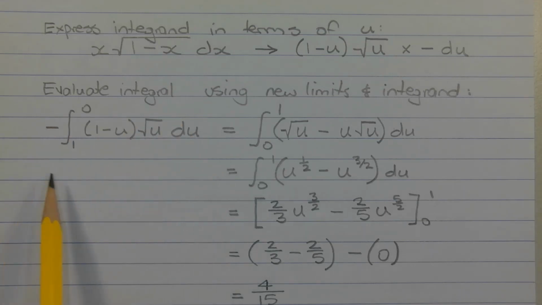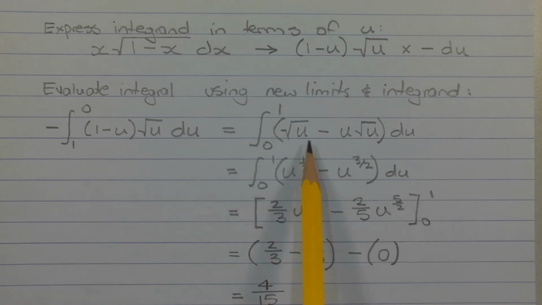So this integral can be written as the integral of the square root of u minus u root u du. We get this by expanding the brackets here, and we can also reverse the limits as well. So now it's from u equals 0 to u equals 1.